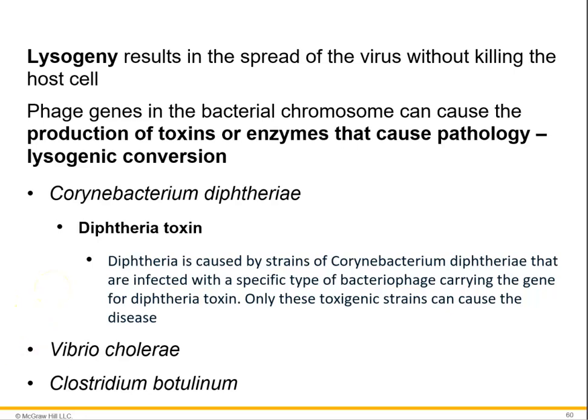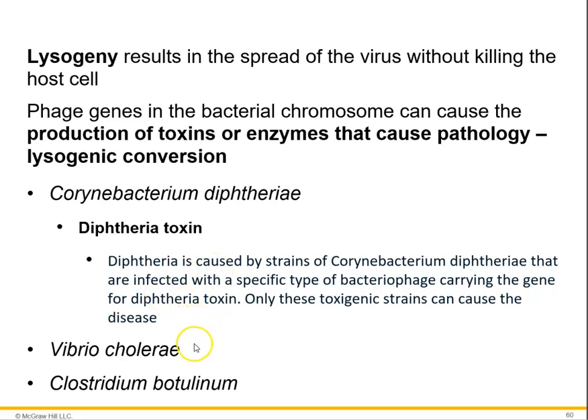So in order to get diphtheria, not only do you have to be infected with Corynebacterium diphtheriae bacteria, but they have to be bacteria that have also been infected by a very specific bacteriophage carrying the genes for the diphtheria toxin. Now, if you're unlucky enough to get infected by bacteria that have those phage genes in them, you can develop diphtheria. And there's a lot of other examples.